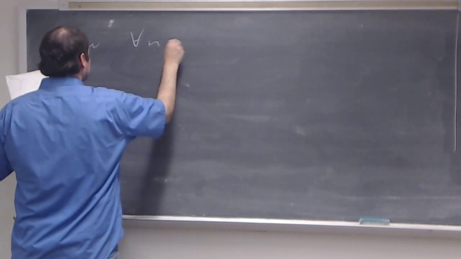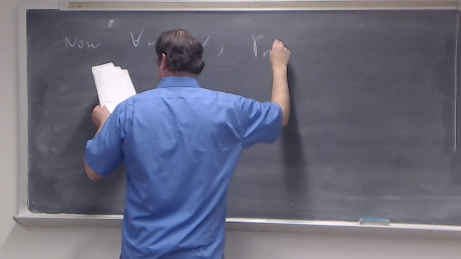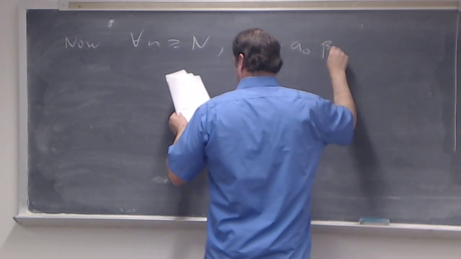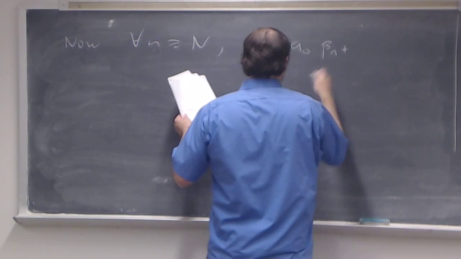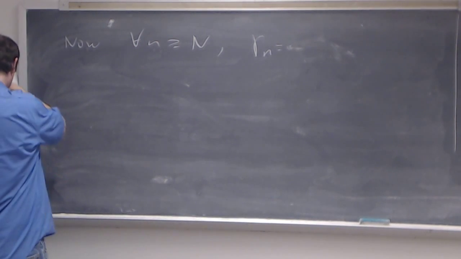for every n greater than or equal to big N, gamma sub n, just a reminder, is A sub 0 beta sub n plus, well, I'm going to expand this. Let me write it down here. Gamma sub n is equal to this.